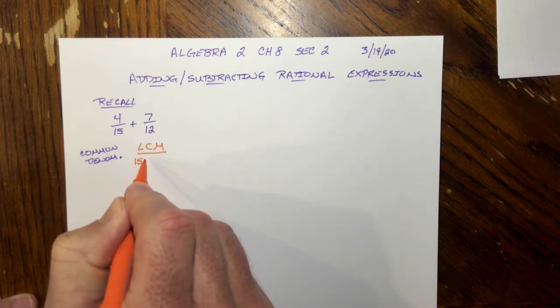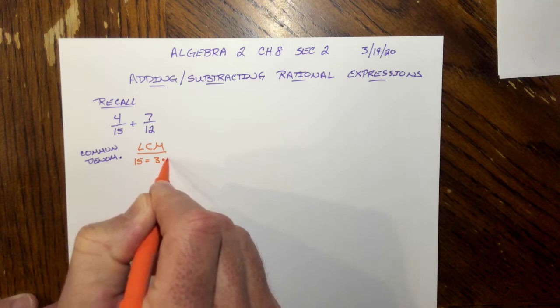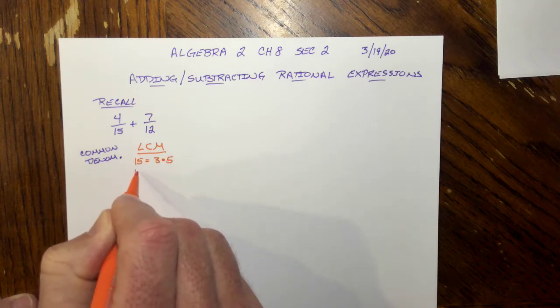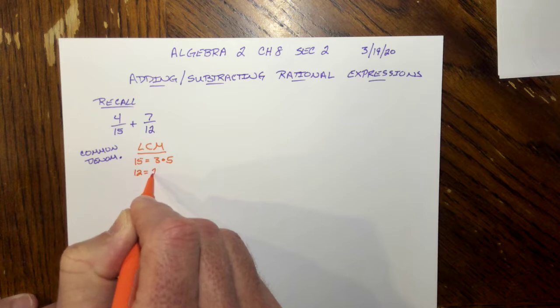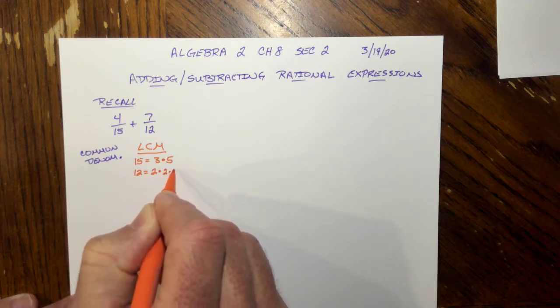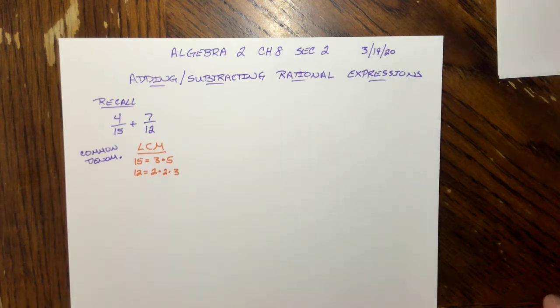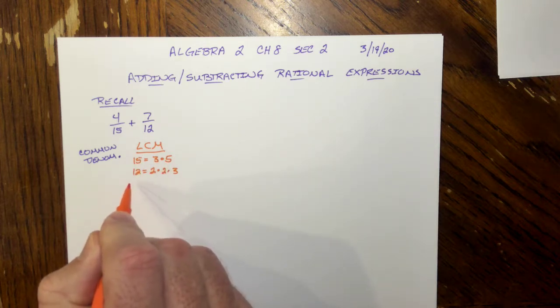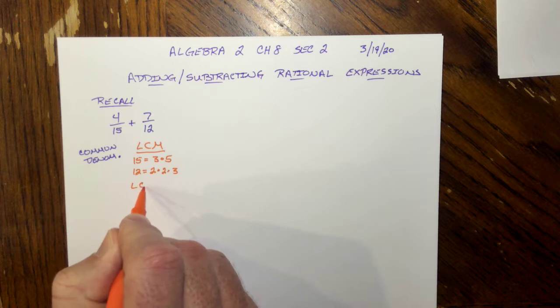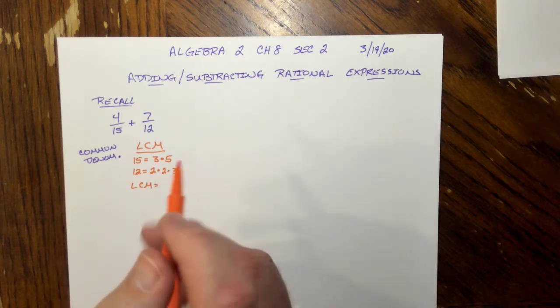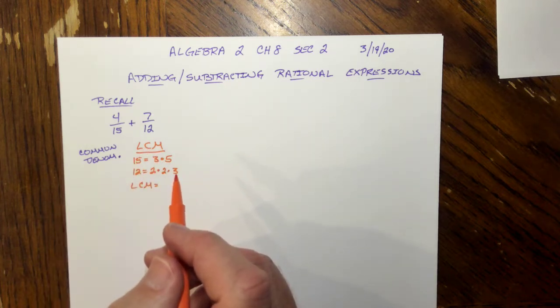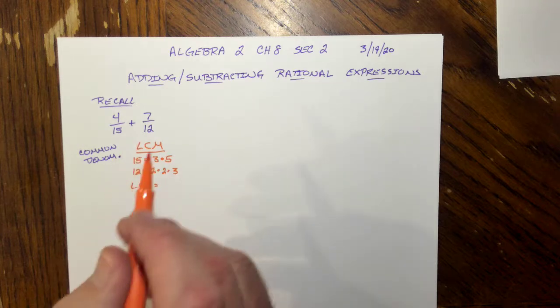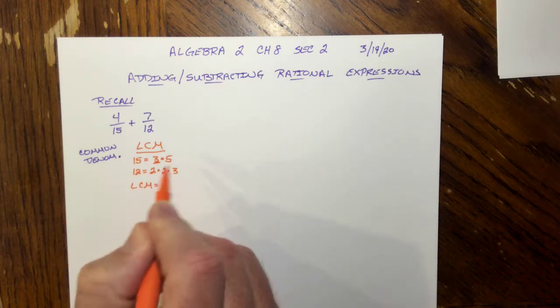So 15 breaks down into 3 times 5. 12 breaks down into 2 times 2 times 3. What am I using there? I'm using prime factorization. So our LCM or LCD is going to take everything once, I should say.